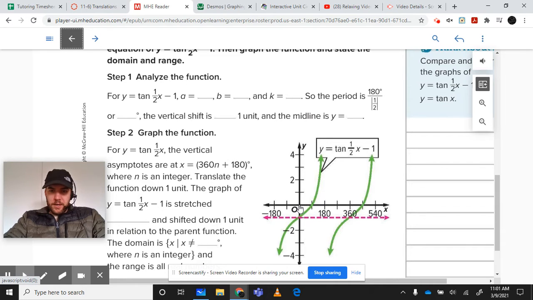If I shifted it back towards where we're going through the origin, I think these 90 and, what's the next one here? 450? 90 and 450 would be 360 degrees apart, right? So we have that 360 degree period because we have been horizontally stretched by a factor of 2. We've stretched with this b value of 1/2.